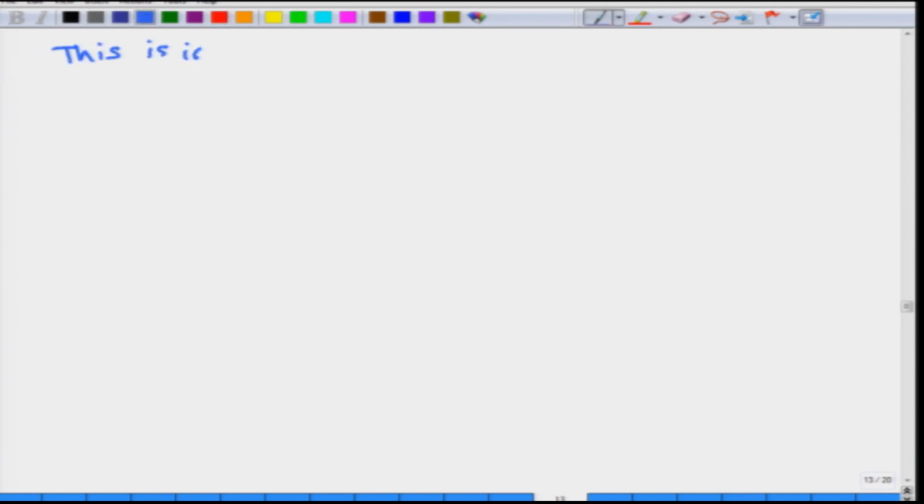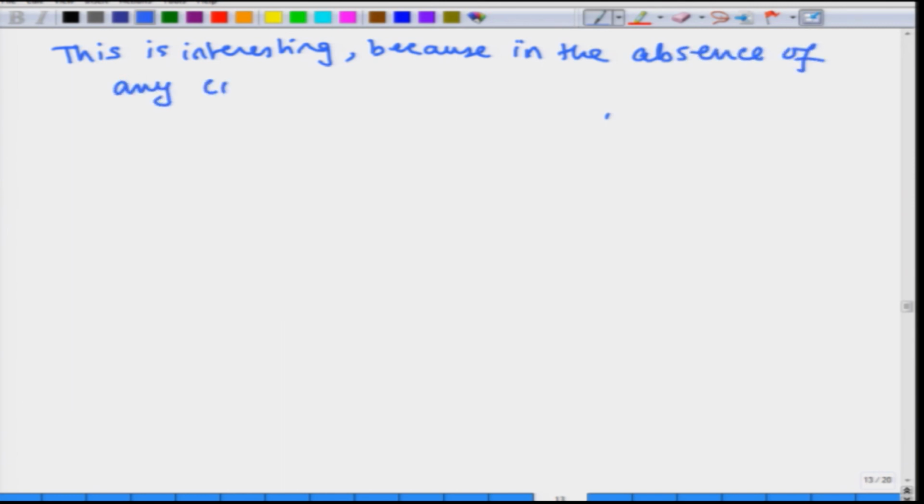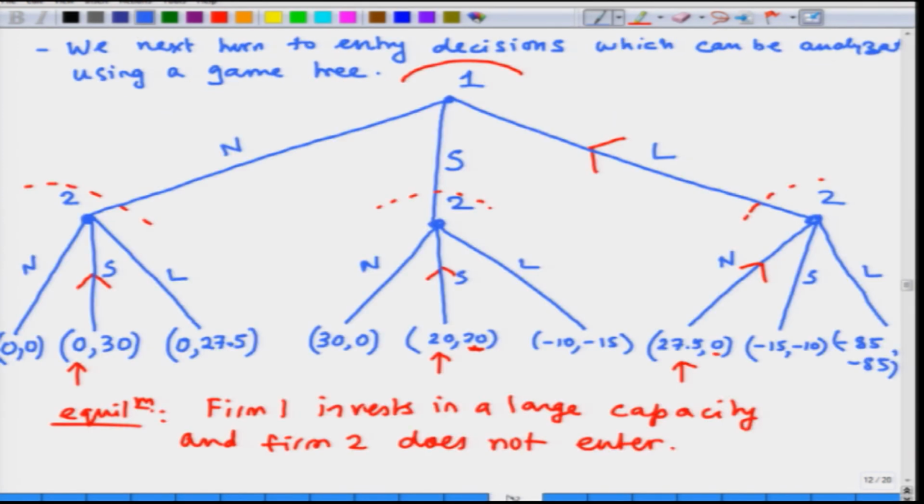This is interesting because of what would have happened in the absence of any competition, which is in the absence of firm 2. If firm 2 was not there, then what would firm 1 have done?